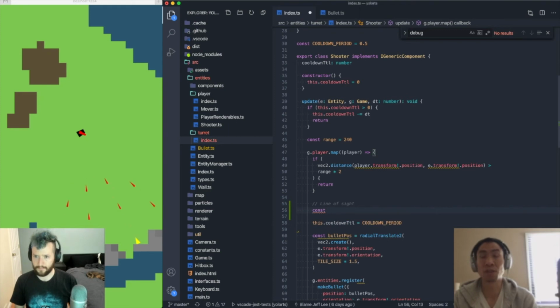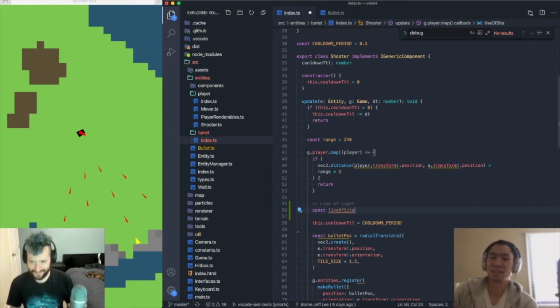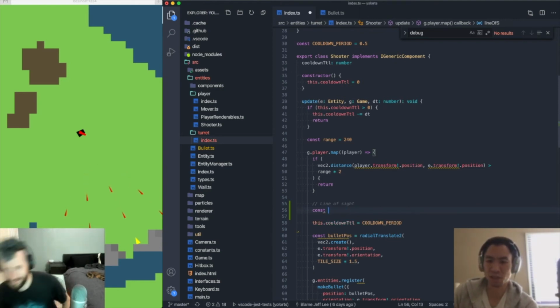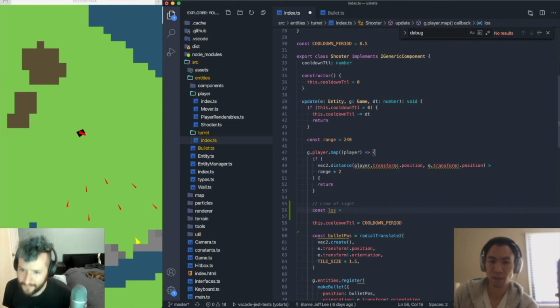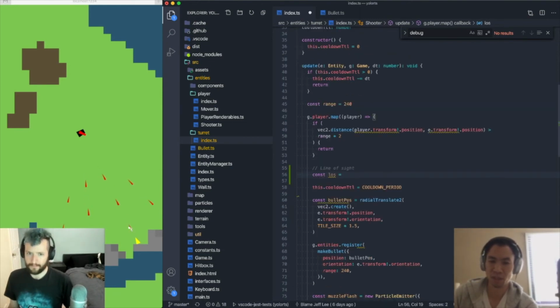Or you will just not shoot. Right? Because, when does the turret actually shoot? Does the turret shoot when it's gonna hit the player? Or will it shoot as long as the player's in range? I think it's gonna shoot if it could hit the player.